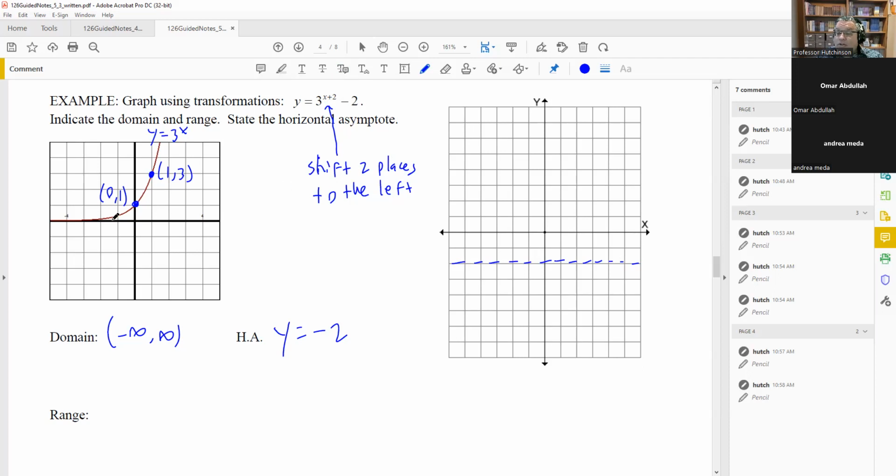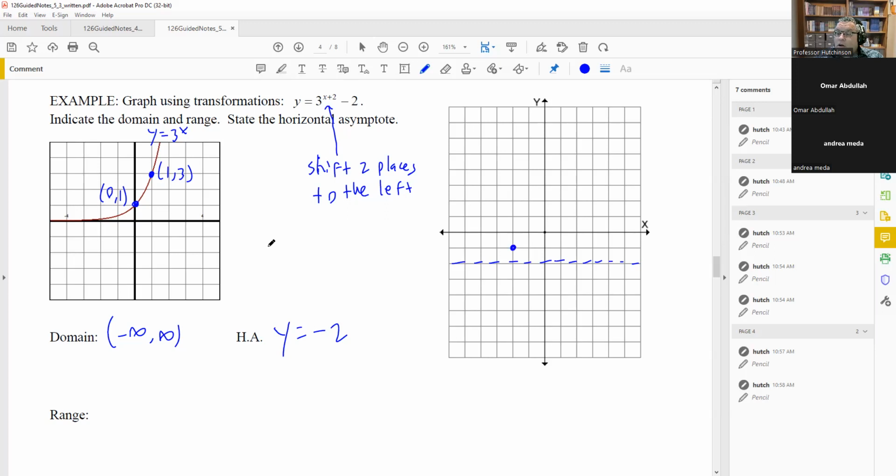What's going to happen is these points that I have here, we have to do two things to them. We have to move them 2 places to the left and down 2. So if I do that for each one, this one here is going to move to -2, -1. So -2, -1, I'll make a dot right there.